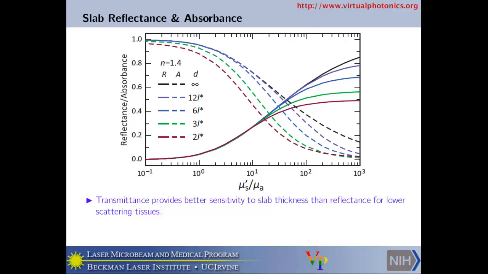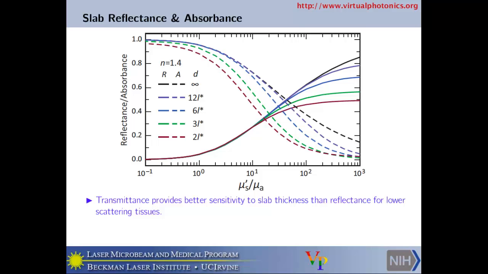And that absorbance is going to be smaller for small slab thicknesses than for larger slab thicknesses. And then if you sum these two and subtract that sum from 1, you'll get the transmittance, because the absorbance plus the transmittance plus the reflectance should be 1. Okay? And the black lines here I've shown are for a slab of infinite extent. So there'll be no transmittance, but you'll still have absorbance. So, yes?